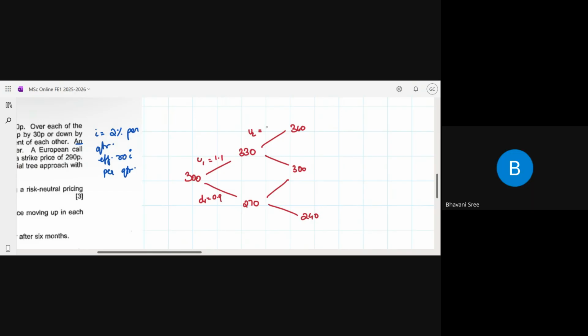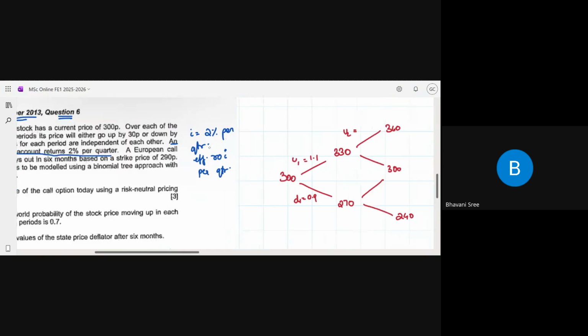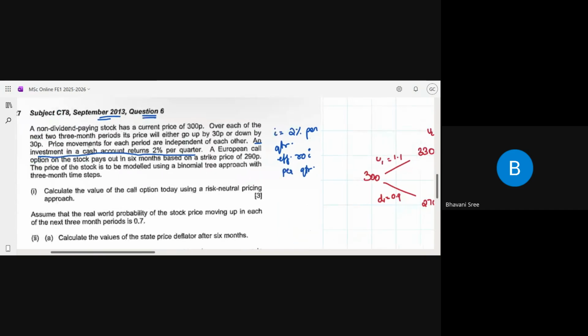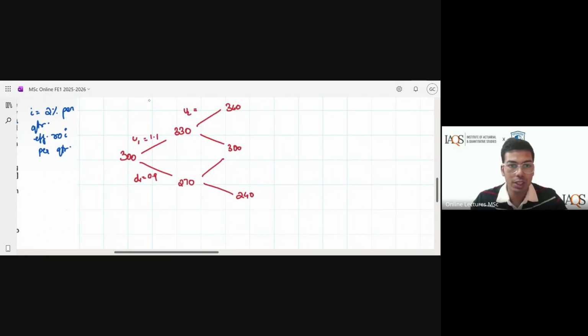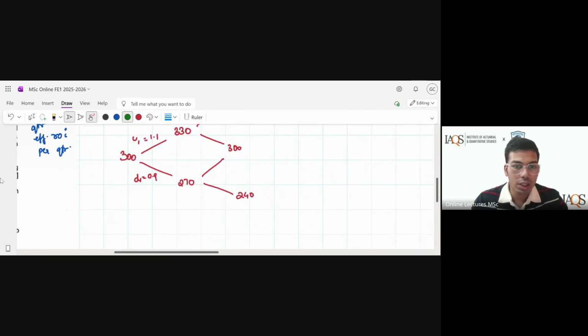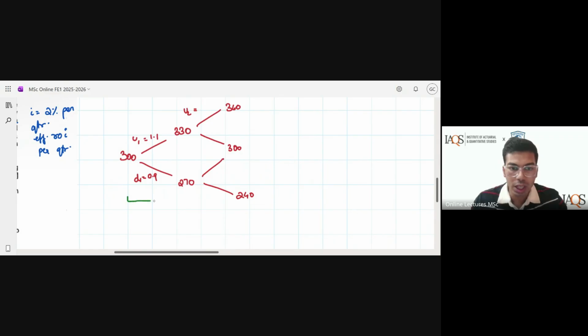Sir, after this, they told it's a 3-step model. So for 3 months they told, right? Yeah. So now let's see the question. A non-dividend paying stock has a current price of 300. Over each of the next 2-3 month periods, that means the time between 300 and this is 3 months, and the time period between this and this is 3 months.